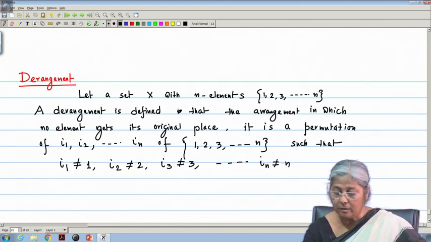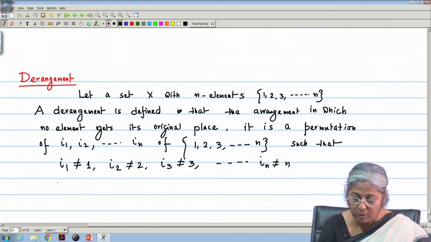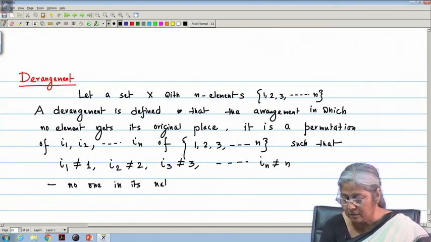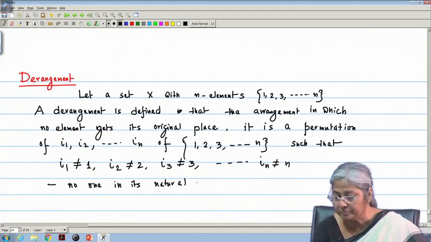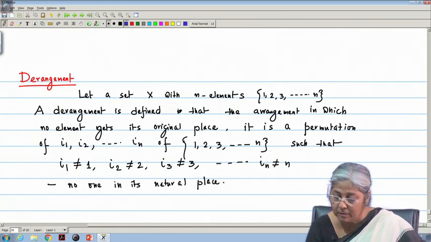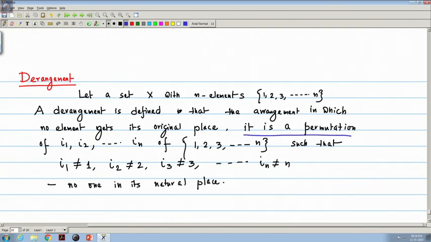That means no element is in its natural position. So I define a derangement as the reverse of that: a permutation where, considering the natural positions, no element gets its position. This is my condition.